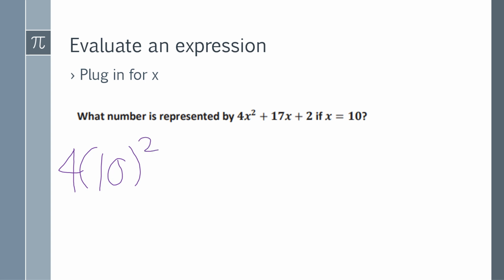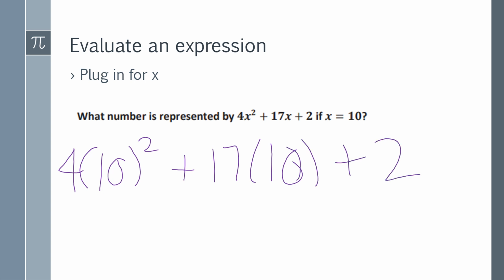So 10 squared is just 10 times 10, right? So that's just 100. I'm getting ahead of myself. I shouldn't be going that fast. For every x you see, you just plug in a 10. Again, you've got to take care of your PEMDAS. Don't forget about your order of operations. Apply that. I'll let you figure this one out on your own.